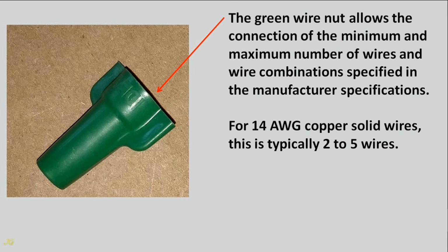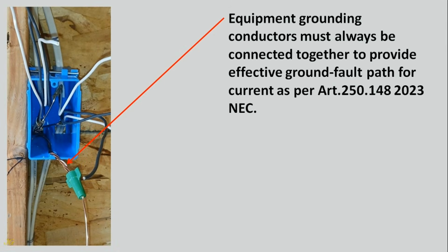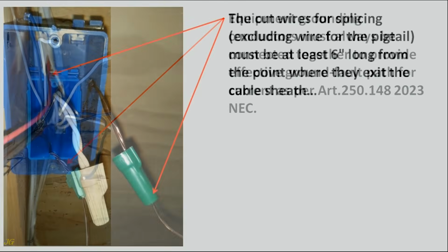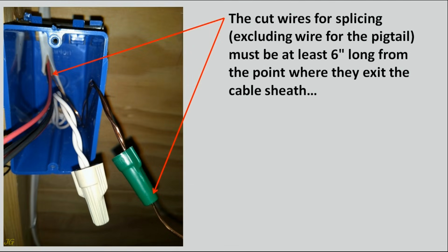For 14-gauge copper solid wires, this is typically 2 to 5 wires. Equipment grounding conductors must always be connected together to provide an effective ground fault path for current as per Article 250.148, 2023 NEC.